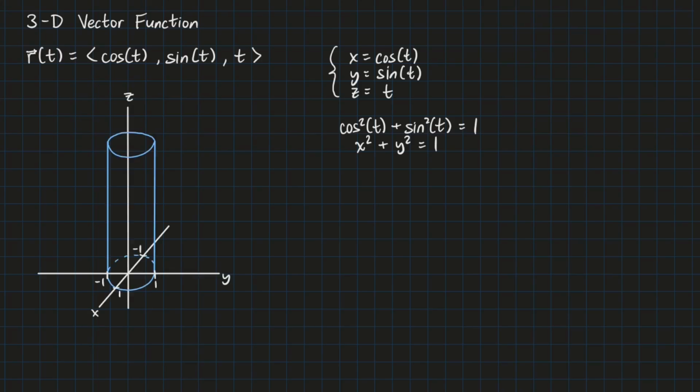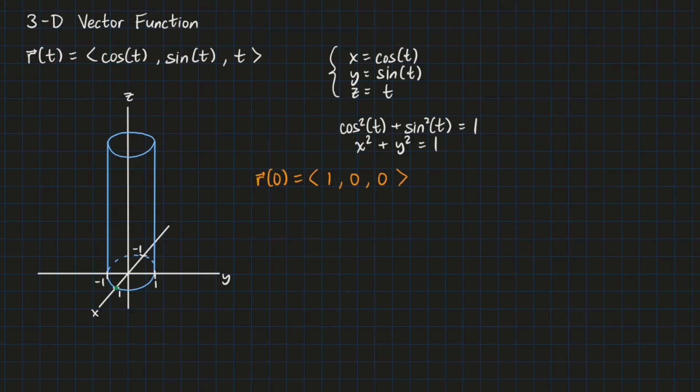So we can do the same thing where we increase the values of t. So we can plug in 0 for t first. So r of 0 equals cosine of 0 equals 1, sine of 0 equals 0, and then it's just t, which is 0. So the first point at t equals 0 is at 1, 0, 0.